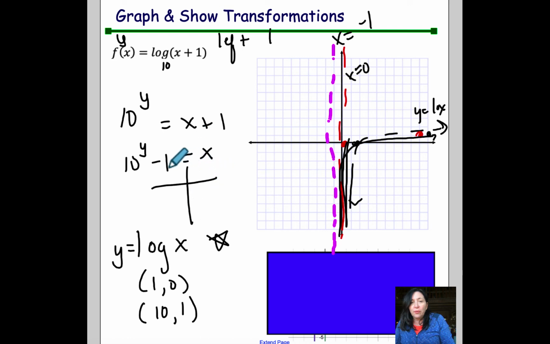Remember, y is up here, so you're plotting for y: 0 and 1. 10 to the 0 power is 1, 1 minus 1 is 0, and that's my 0, 0. 10 to the 1 power is 10, and 10 minus 1 is 9, so that's my 9, 1. So you can plot points, or you can graph the parent function and then shift it left and right.